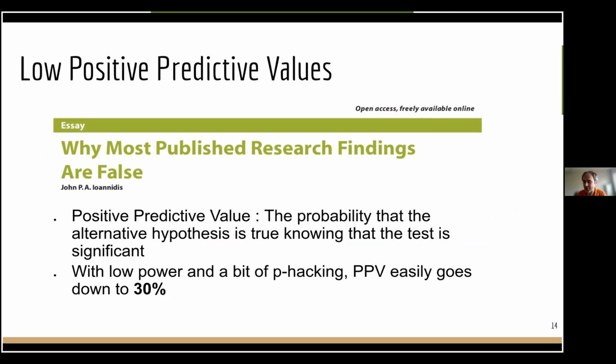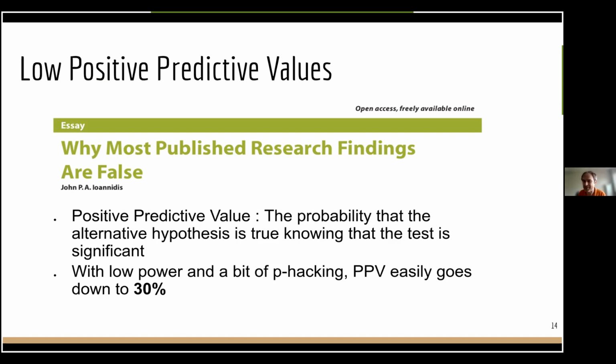So you find a significant test, but the interesting question is not about that test itself or the effect that you find. It's about the hypothesis. Is the hypothesis that there is something going on in that region or that study going to be true? What is the probability that the hypothesis is true, given that you have a significant effect?